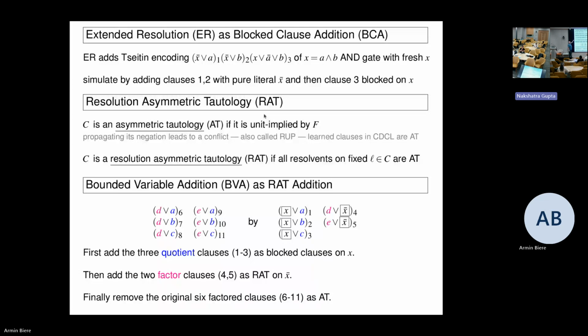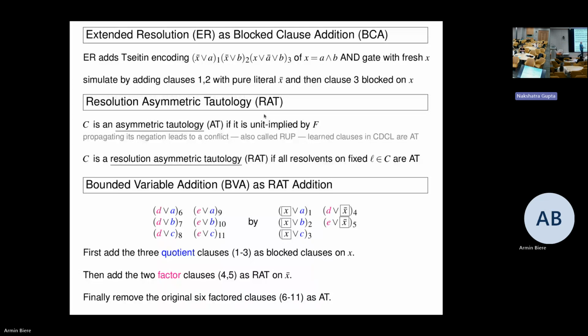Okay, and then we added these two ideas: the tautology is not immediately apparent, right? You need this tautology when you do the resolvent, then you get a blocked clause. But actually the resolvent is kind of implied by the formula. And being implied by the formula through unit propagation is called AT: you just take the negation of the clause, you propagate, and if this results in a conflict, you say the clause is AT.